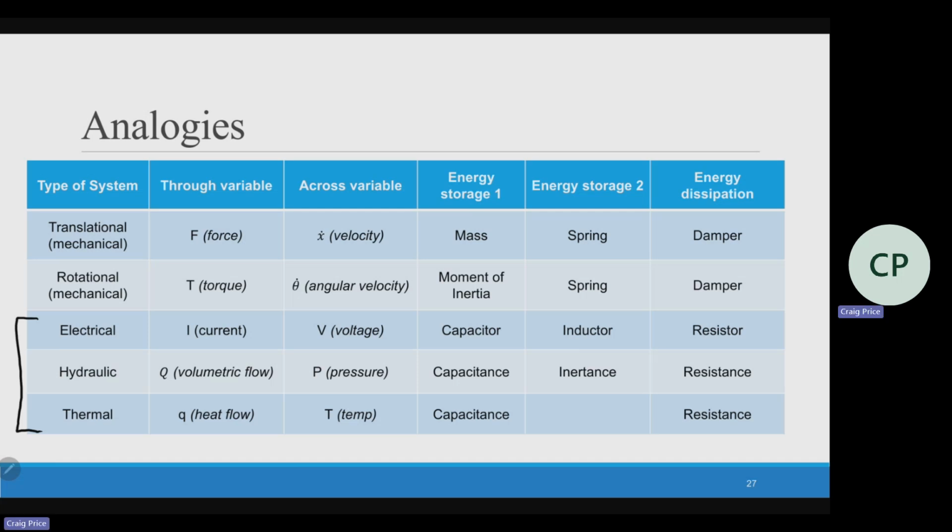I have capacitance. I have a way that I can store the energy. Every material has some thermal capacitance, and there's also resistance. There's materials that really resist the flow of heat, right? And so we can model this in a very similar way to hydraulic or even electrical problems, just because we've got similar components and different variables.